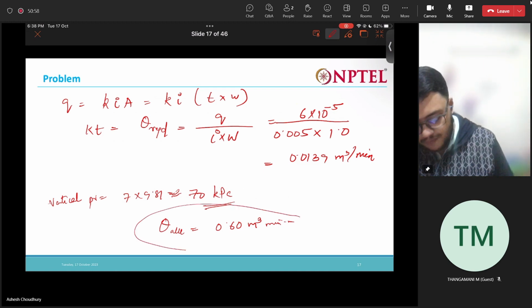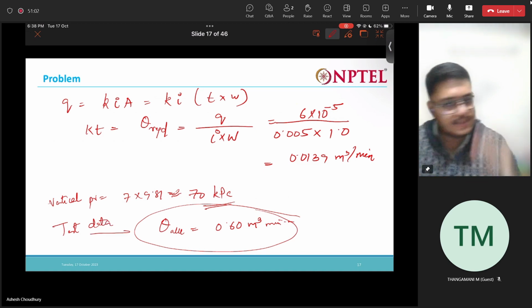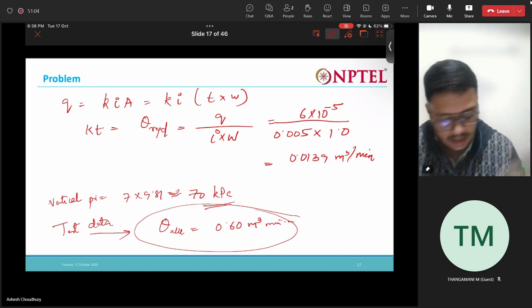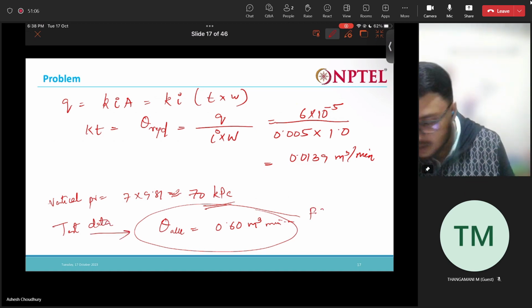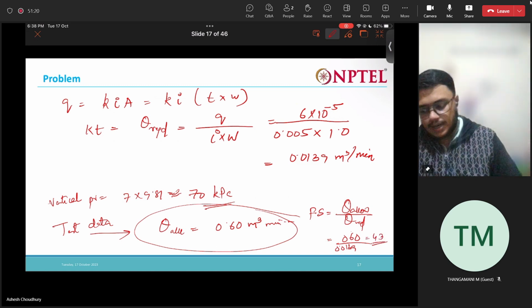This has to be obtained from testing the geocomposite. Now from here finally you can find the factor of safety, theta allowable over theta required, equal to 43. Like this we have to do.